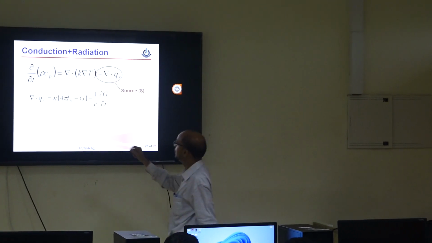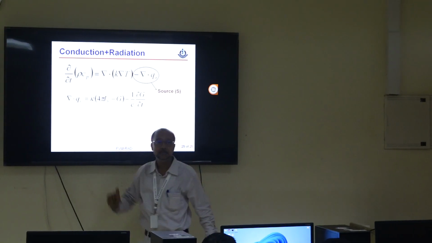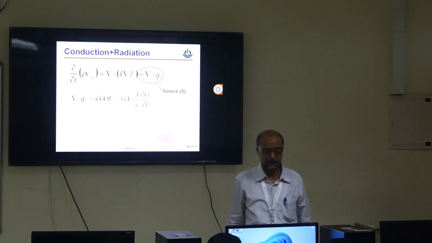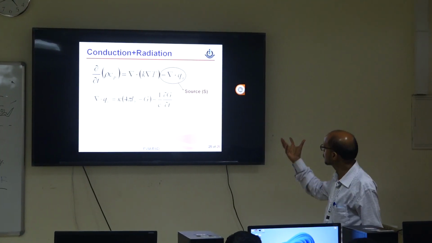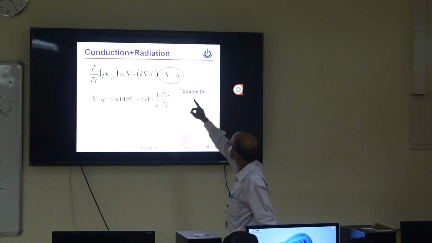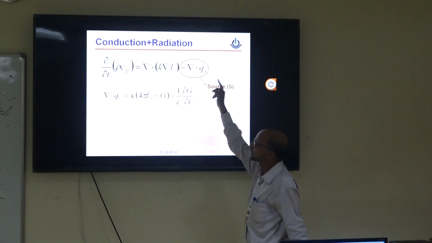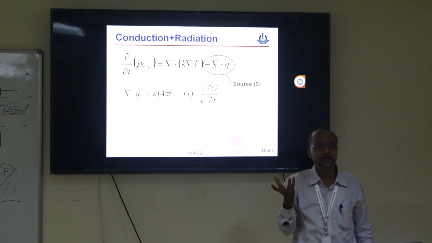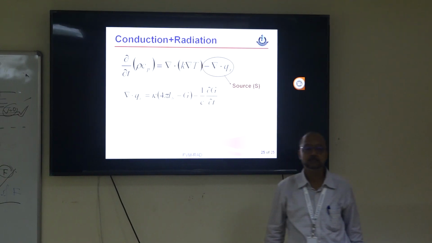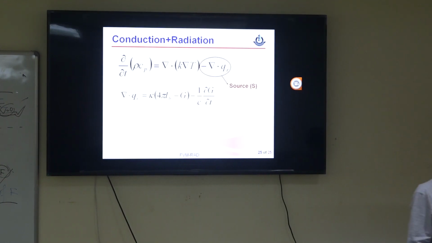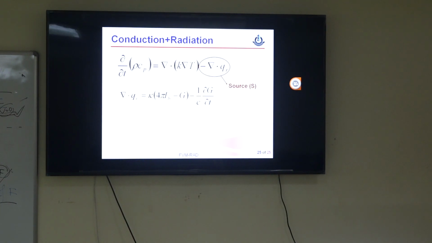So once this is solved, you can find this divergence of radiation. Then you can put it as a source term in the standard linearized form Sc plus Sp phi, and then you can find the temperature. That is the standard practice we follow.